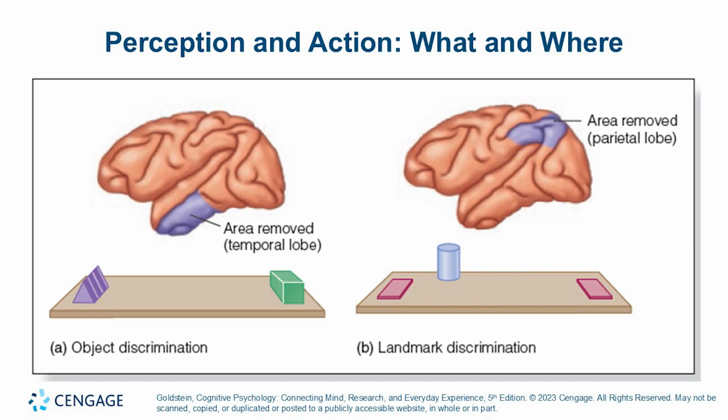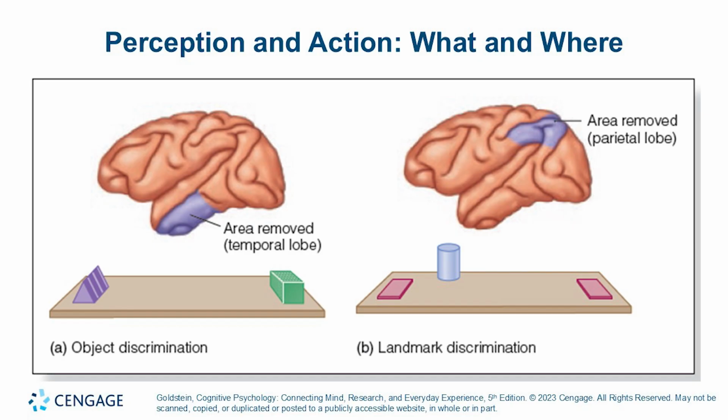So in this example here, the food would be hidden again under the left object, and the monkeys were trained to judge this depending on where the cylinder was. So the cylinder in this example is closer to the left object, so the monkeys would be trained to look under the left object because it's closer to the cylinder.